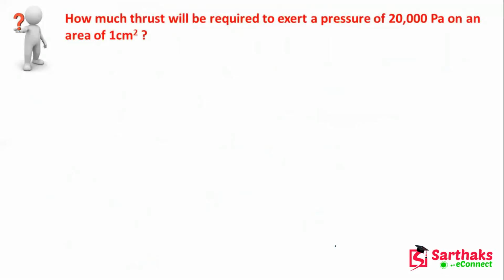Next, how much thrust will be required to exert a pressure of 20,000 Pascal on an area of 1 centimeter square? Here, pressure P is 20,000 Pascal, and area is 1 centimeter square.